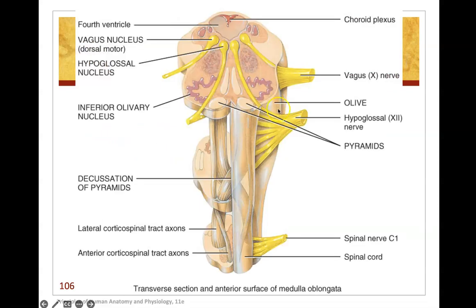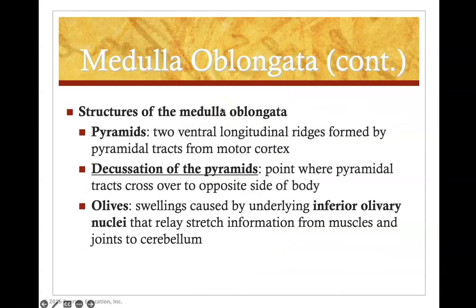So let me show you. These are the pyramids, and they're going to be carrying lots of these motor tracts that are coming from, again, the motor cortex. And it's important to know the medulla oblongata and these pyramids because you have this interesting crossover that happens in the medulla oblongata.